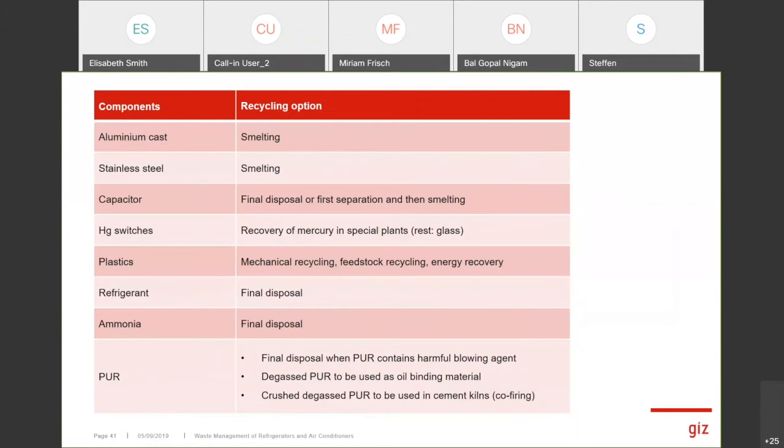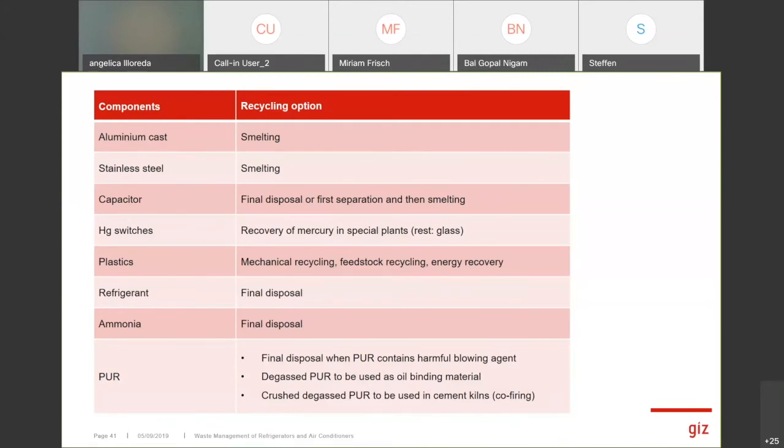And then we have the mercury switches, which have to be treated with a lot of care. It's necessary to separately recover the mercury in special plants. And then the rest of the switches are in specific glass.